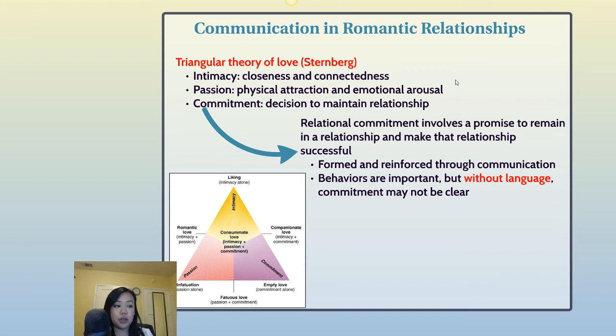And again, it says here, behaviors are important. And behaviors are so important. Actions speak a lot louder than words as far as the commitment factor goes. But this triangle, Sternberg's triangle, reminds us that verbal confirmation of that commitment is also important as well.